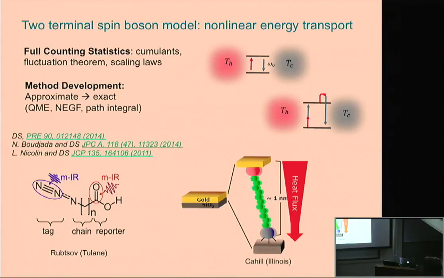So it's maybe very far-fetched, but still let me show you what they can do experimentally. This is from the group of David Cahill at the University of Illinois, Urbana-Champaign, and it's a recent experiment, maybe 2 years ago. This green stuff is an alkane molecule with 11 carbon atoms. And it is either chemisorbed or physisorbed to this glass and gold surface. And they study the propagation of energy.